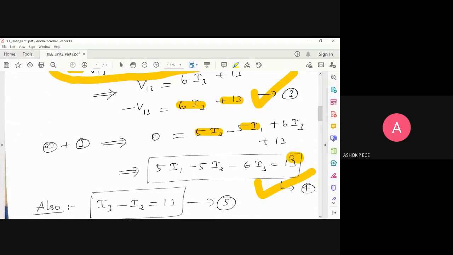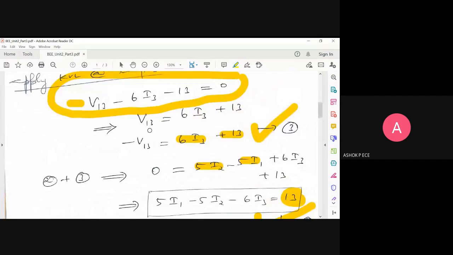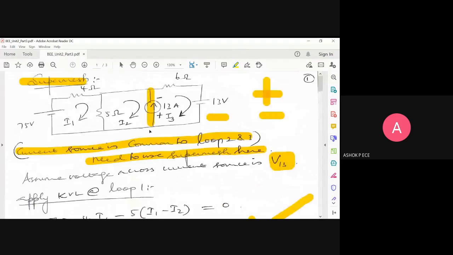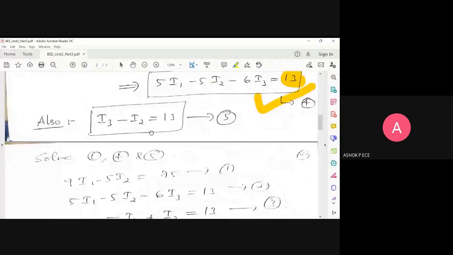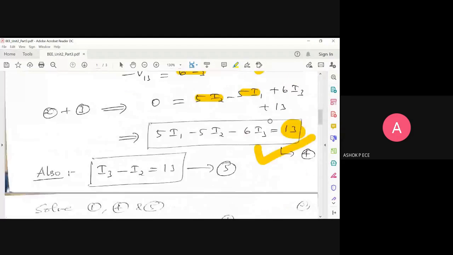This 13 is not the 13 amp source; sorry, I think that one is for the voltage source. So sorry for that. This 13 is your voltage source.